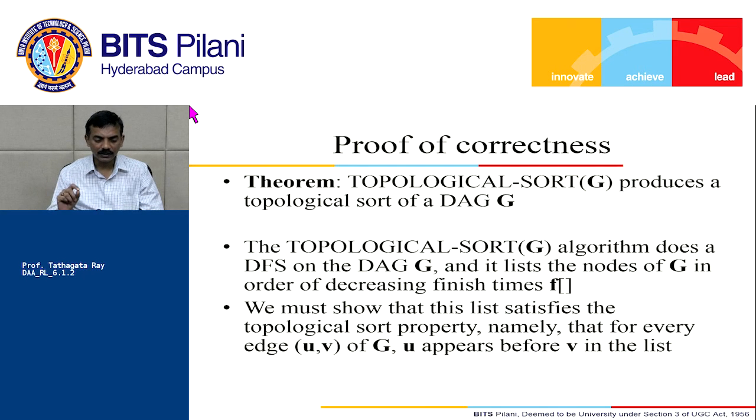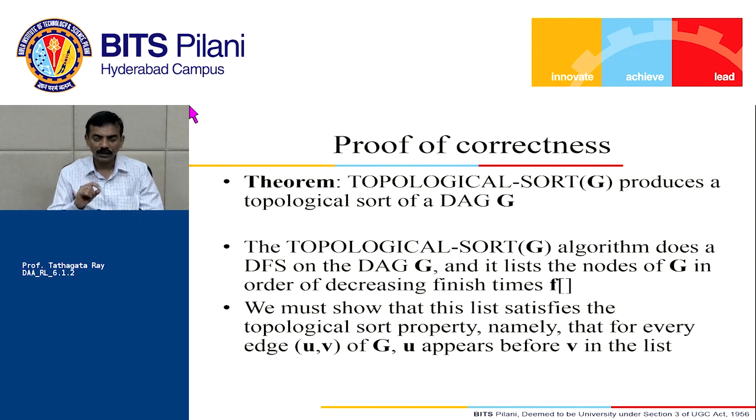So the topological sort routine does a depth first search on your graph G, and it lists the nodes of G in the order of decreasing finish time. That's how it keeps on putting into the front of the linked list.